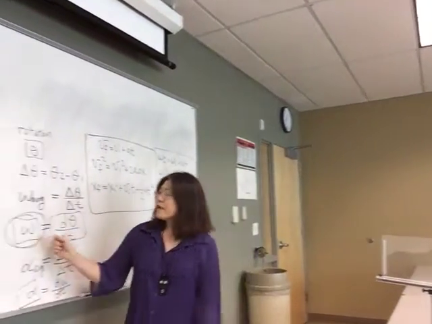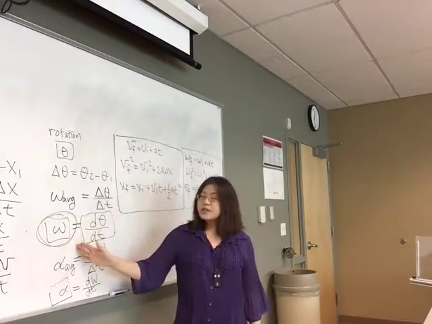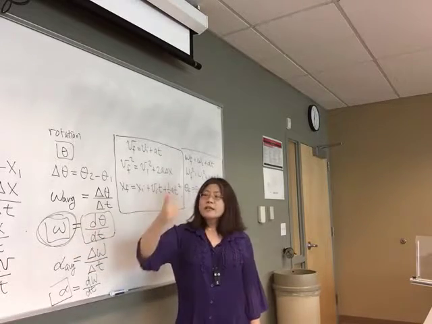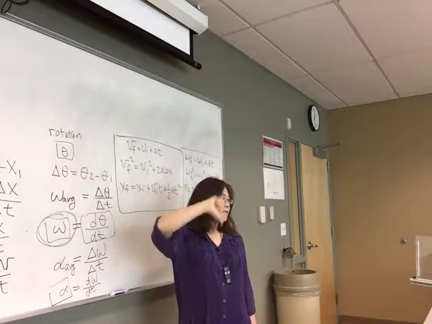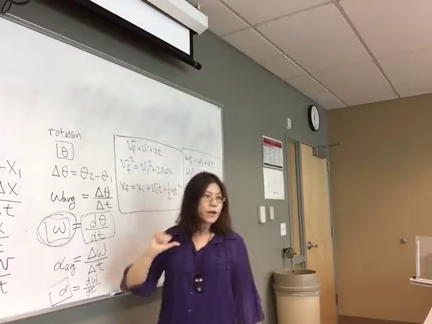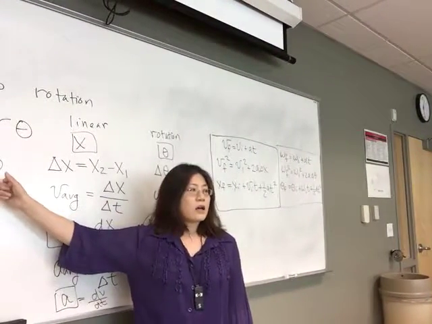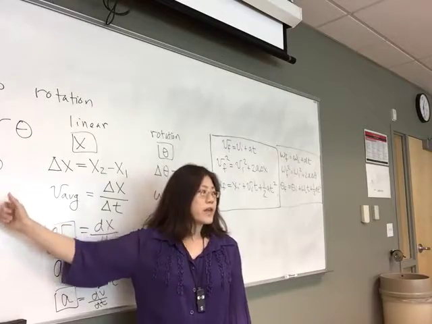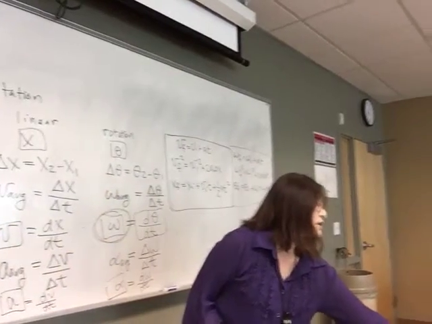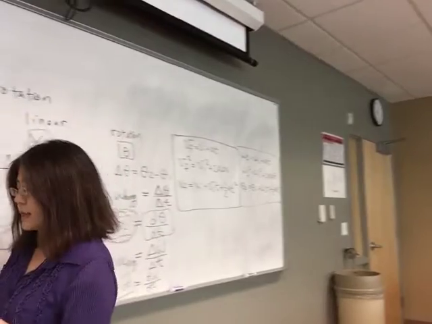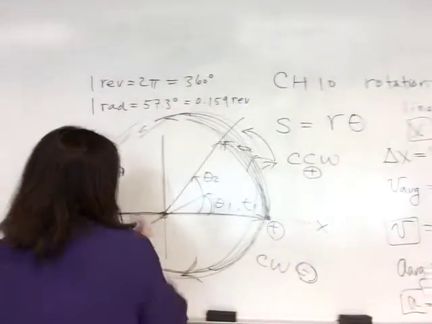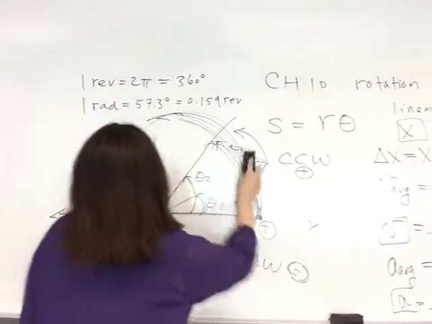So how do we find the signs for the angular velocity? When it's this way, it's positive. This way, that's negative. Okay? So it's consistent with that notation that counterclockwise is positive and clockwise is negative. Okay? So that's how you define the direction.